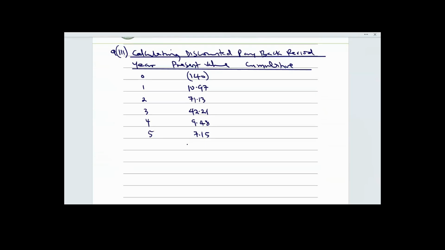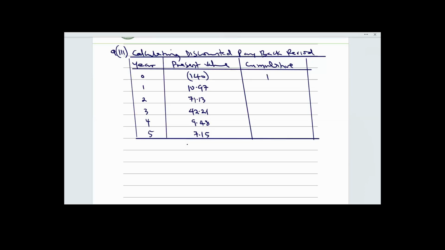In this particular instance, because we have calculated present value before, I skipped the cash flow and the discount factor because I already have present value. I don't need to be doing all of that because it will waste your time on the day of your exam. Once you have calculated NPV previously and you are now asked to calculate discounted payback period, just pick the present value you used in your NPV calculation and that's all.